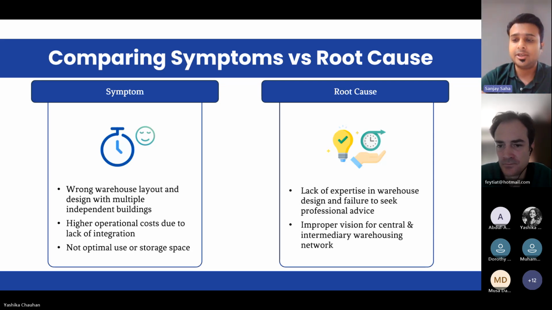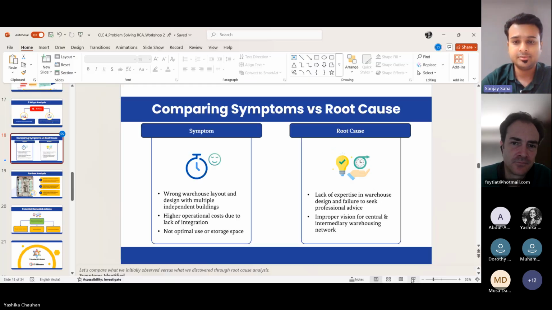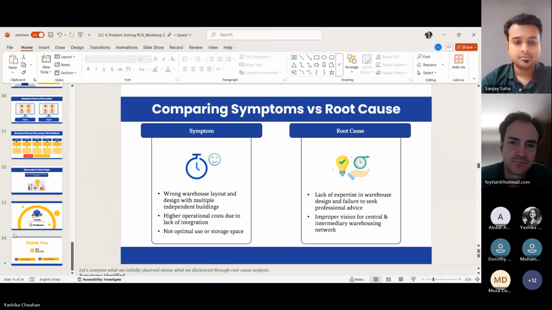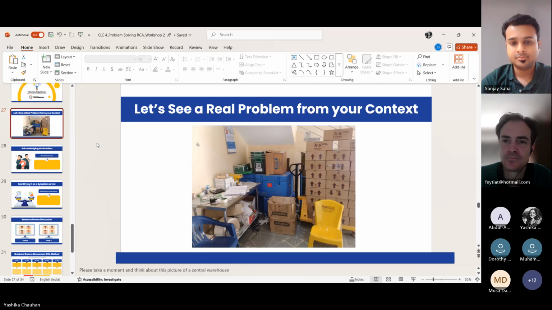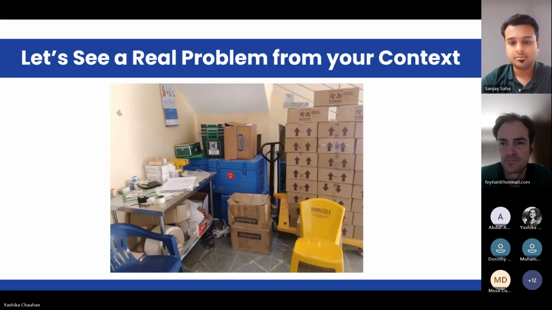I would quickly take you to the example case for the homework, after which we will close this workshop unless you have any questions. So Yashika, can you go to the case? Yeah. Full screen, please. Yeah.